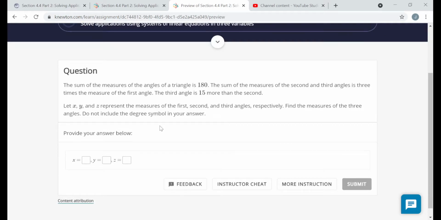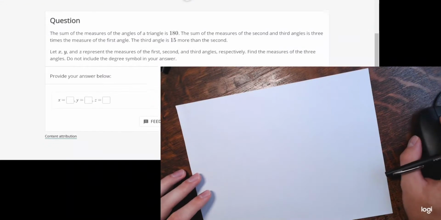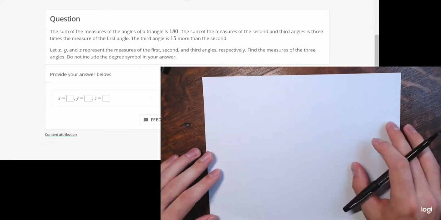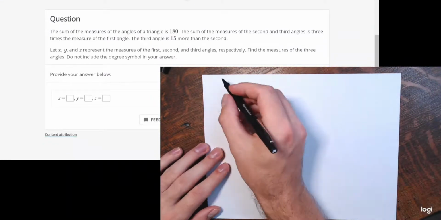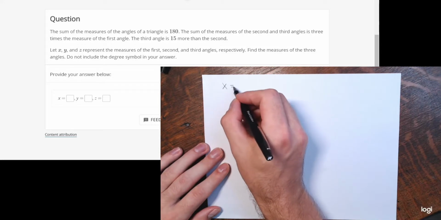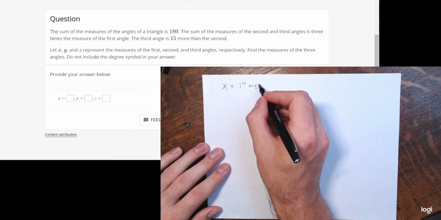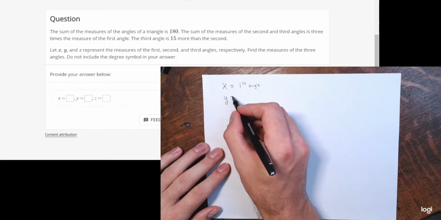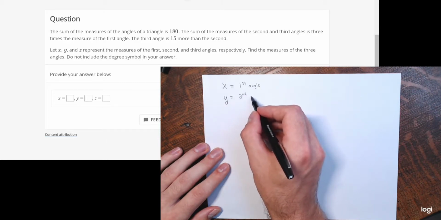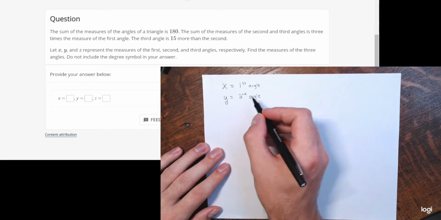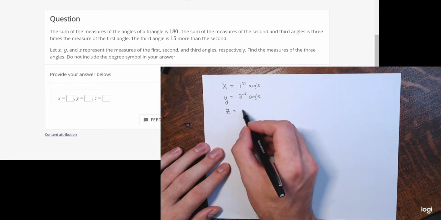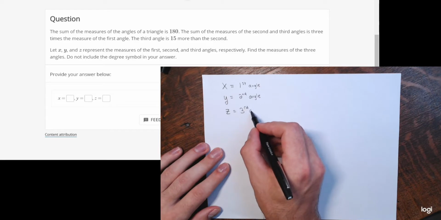Just find the numbers. All right, so again, I'll have the words up, and then now again, x represents the first angle measure, y represents the second angle measure, z represents the third angle measure.